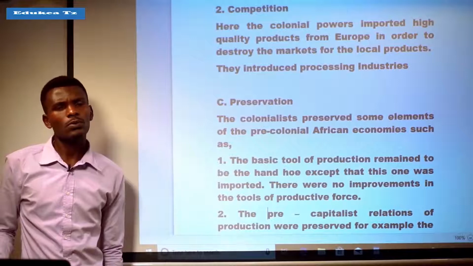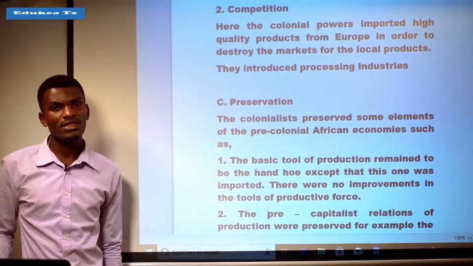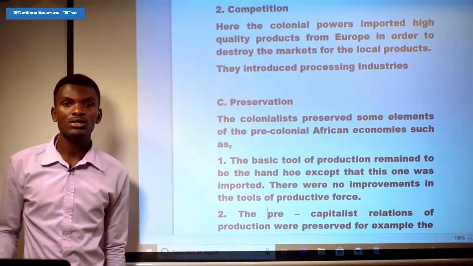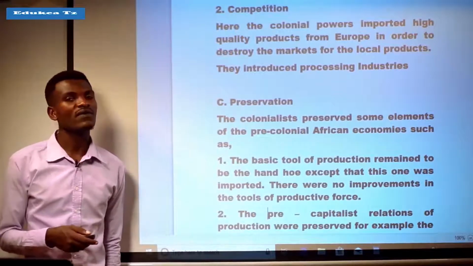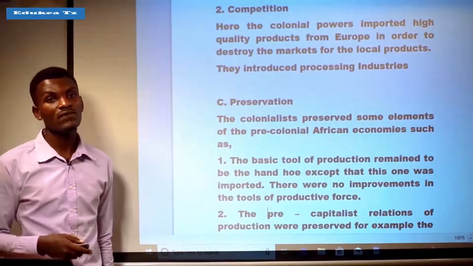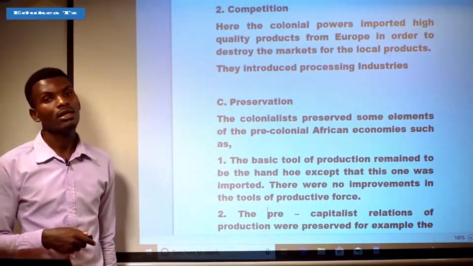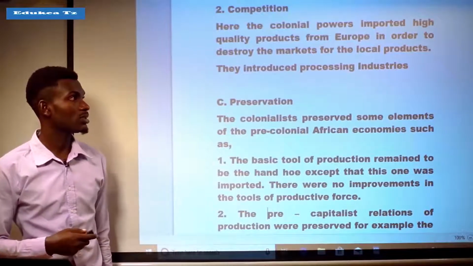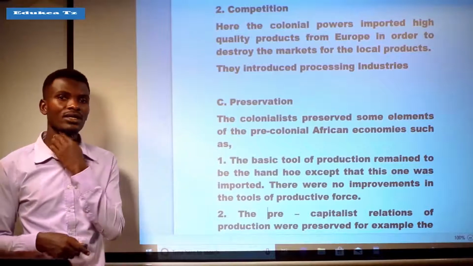So the local products made in Africa could not compete with the European manufactured goods, which were of high quality and attractive to the eyes of the Africans. So the Africans would leave their local products and buy the European manufactured goods. So that was another way to destroy the African industries.